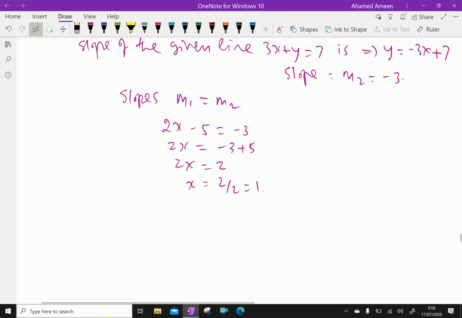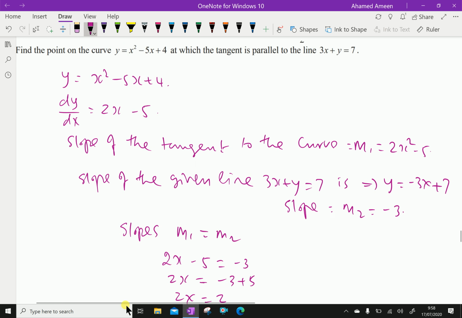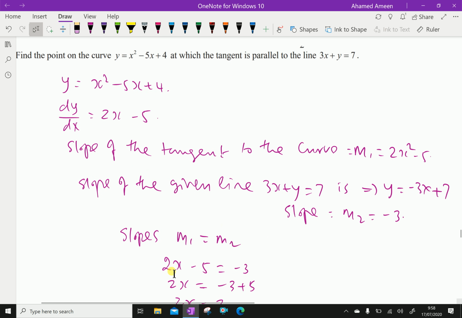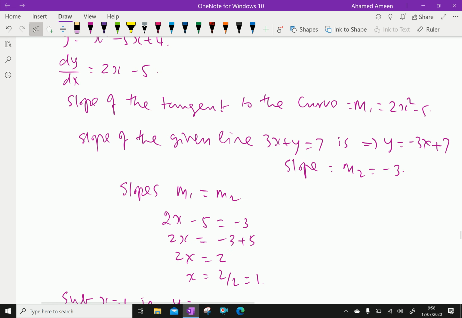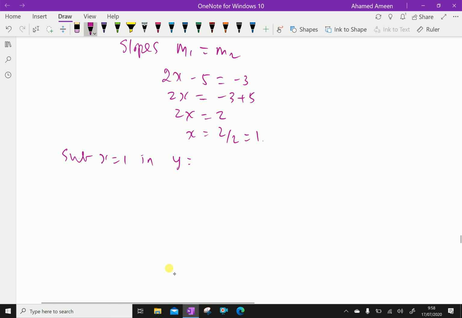Substitute x equal to 1 in the curve, y equal x square minus 5x plus 4, y equal 1 square minus 5 into 1 plus 4 equal 1 minus 5 plus 4 equal 0.